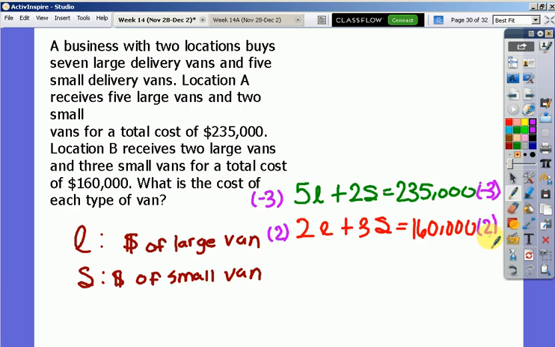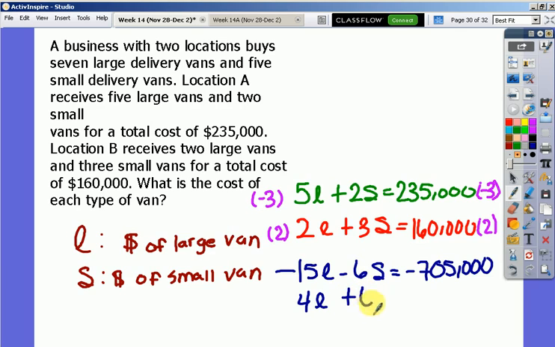So, when I change the form of those equations, this is what I get. Negative 15L minus 6S equals negative 705,000. And then 4L plus 6S equals 320,000.